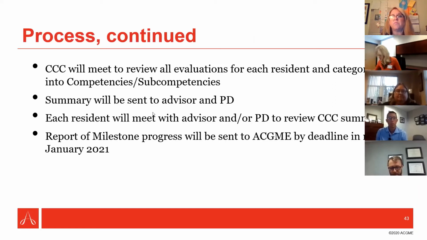And then a summary will be sent to your advisor and also to Dr. Witt. And then each of you will meet with your advisor or Dr. Witt or both and review your CCC evaluation. And then Jennifer Kurtz puts everything in and sends it all to the ACGME by about mid-January. That's when it's due. So this process will be a little bit of a whirlwind.